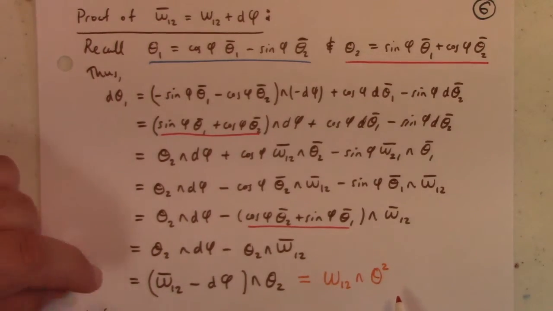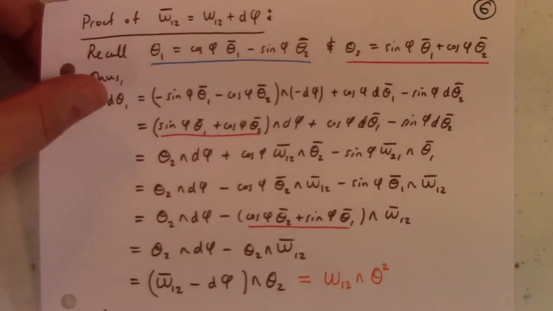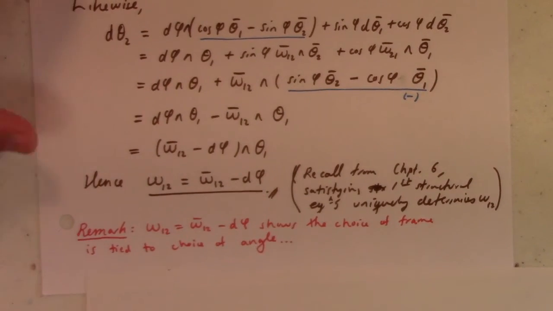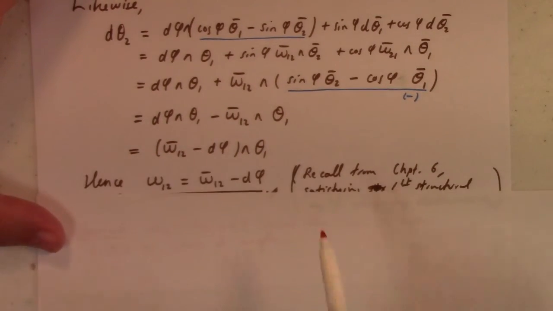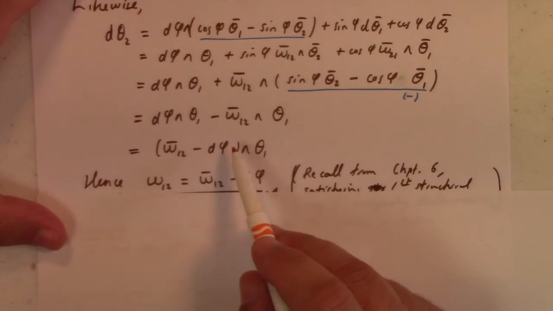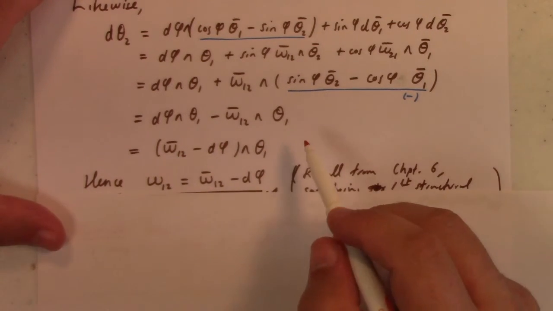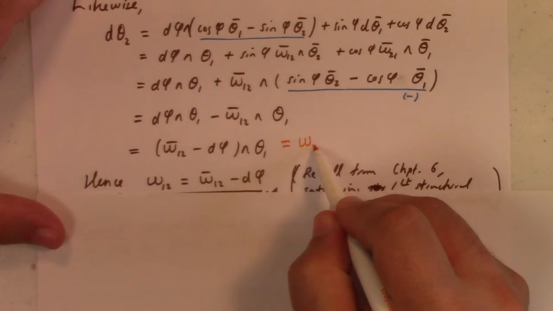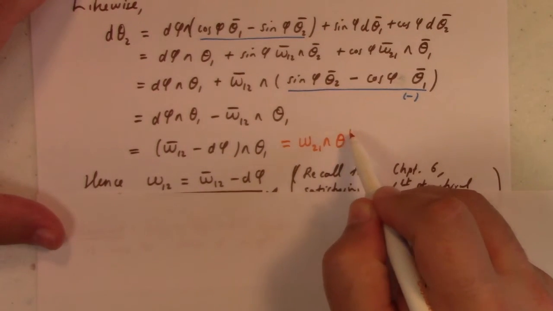And we're gonna find this same relation when we go through the similar calculation for the other piece here, d theta 2. We end up with omega bar 2 minus d phi wedge theta 1. So that would be equal to omega 2 1 wedge theta 1, right?